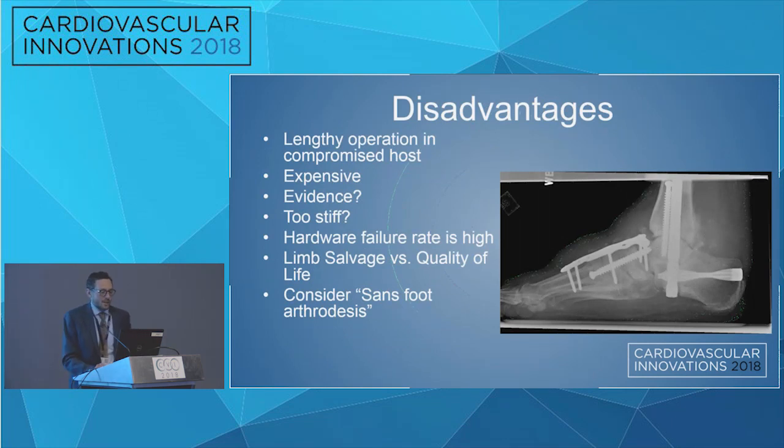So disadvantages of doing something like this are a lengthy operation in a compromised host. I think, as we've talked about, deconditioning is problematic. It's expensive. I think we always are erring on the side of more biologics and more hardware. And I would agree 100% that packing a bunch of allograft bone, in my experience, I haven't been impressed.